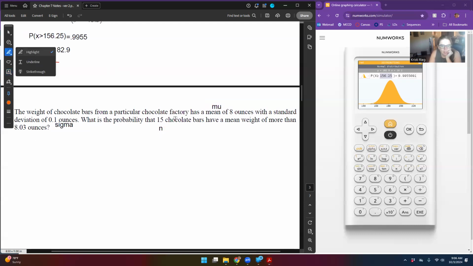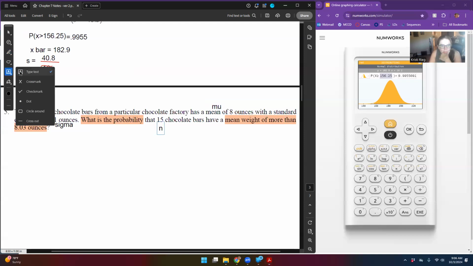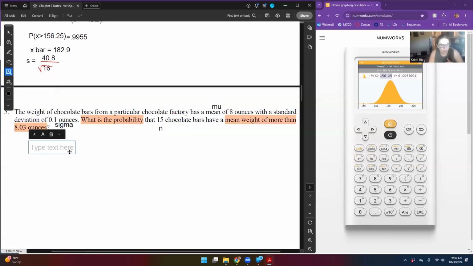So I see right here in the question where it says, what is the probability? And then it says a mean weight more than 8.03 ounces. So I know I'm using the central limit theorem for means, and I know this problem is saying the probability that x is greater than 8.03. Okay, so that's what we're going to answer.